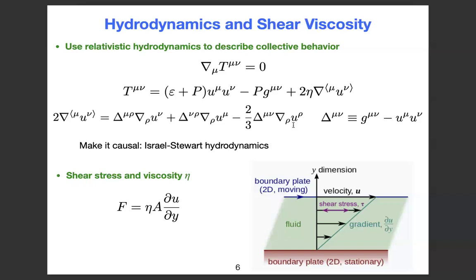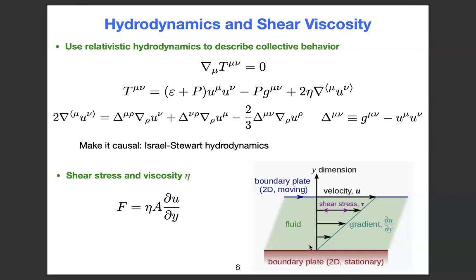And let me give you an intuitive feeling of the shear viscosity. So consider a two-layer fluid where the bottom layer of the fluid is static, while the top layer of the fluid is moving at a constant velocity. And you can imagine as the top layer is moving, the fluid between these two layers will develop some non-zero velocity along this horizontal direction.